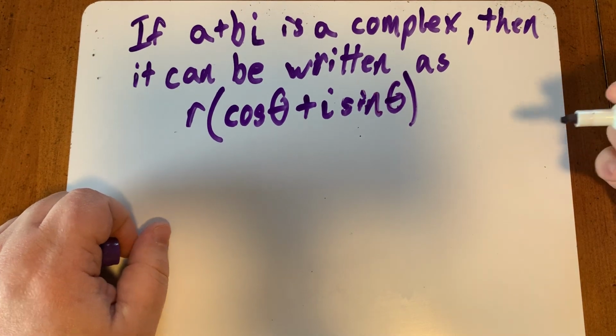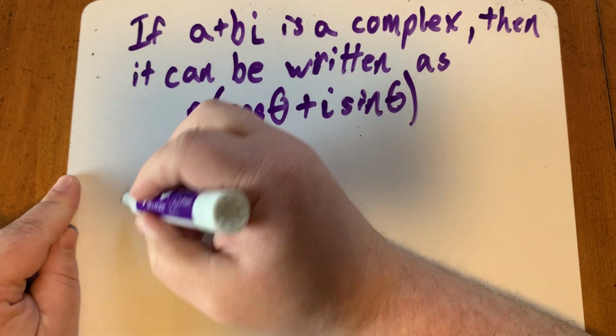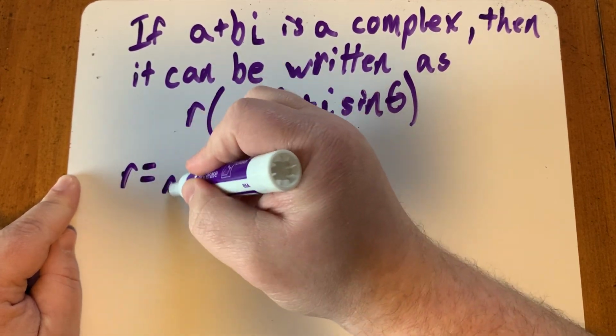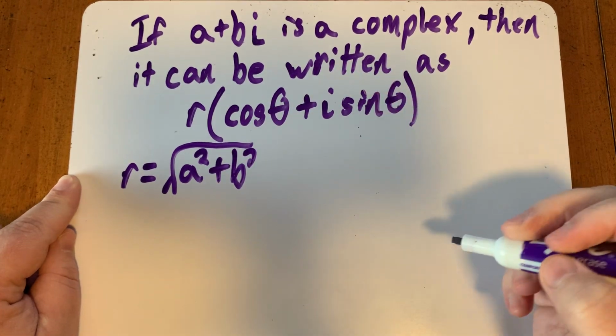That's our polar or trigonometric form. And in general, every single time, r is going to equal the square root of a squared plus b squared, because of the Pythagorean theorem.